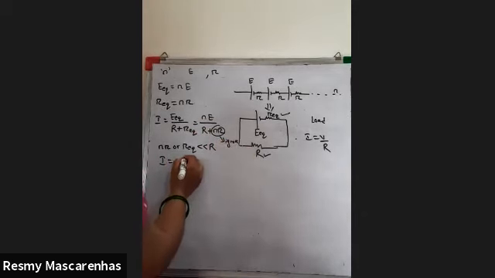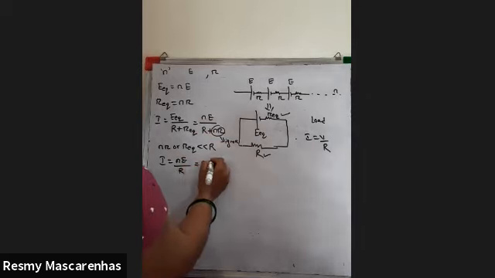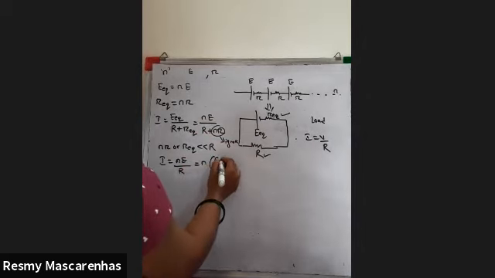So we'll get NE upon R. So I can write as N times E upon R.